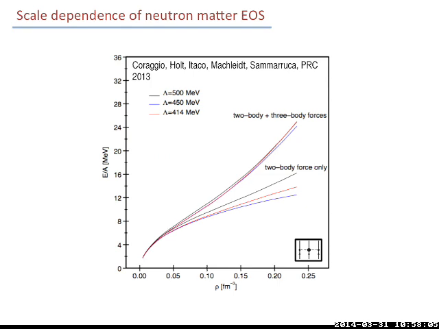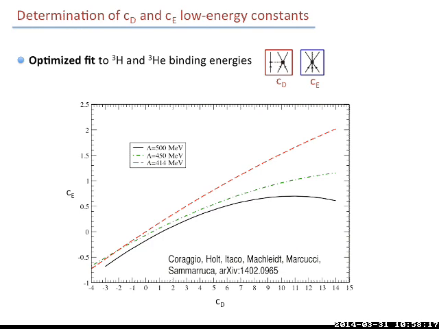Of course, we wanted to extend these to symmetric nuclear matter, but that requires, in addition, the three-nucleon contact forces proportional to the CD and CE low energy constants. So we started a new collaboration with Laura Marcucci. She's able to do hyperspherical harmonic calculations of triton and helium-3.